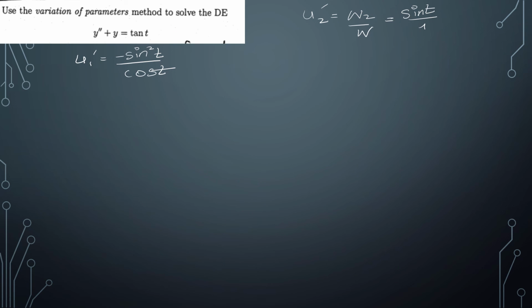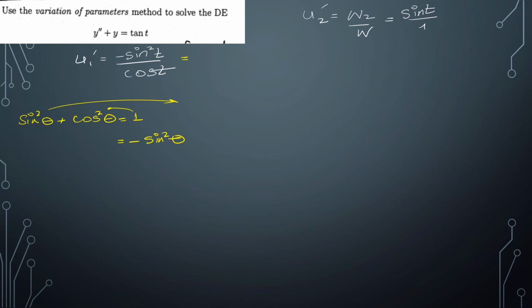So here we have to take the antiderivative for u1. First of all, try to solve it. We know our identity, that is sine squared theta plus cosine squared theta equals 1. So if I bring sine squared to the other side, it becomes negative sine squared theta.